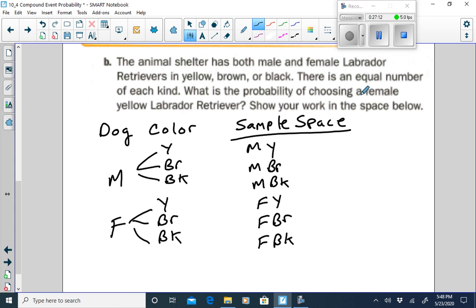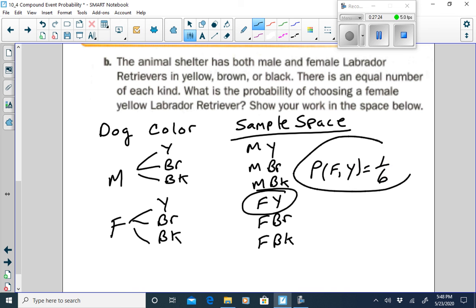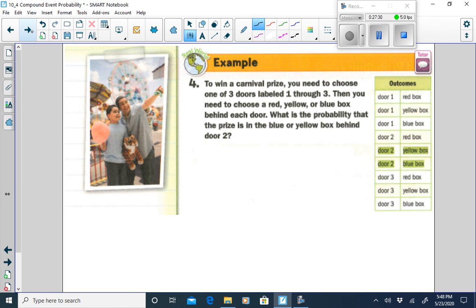What's the probability of choosing a female yellow? Here's my female yellow. So the probability of female yellow is going to be 1 out of the 6 possible outcomes. All right, let's continue here.